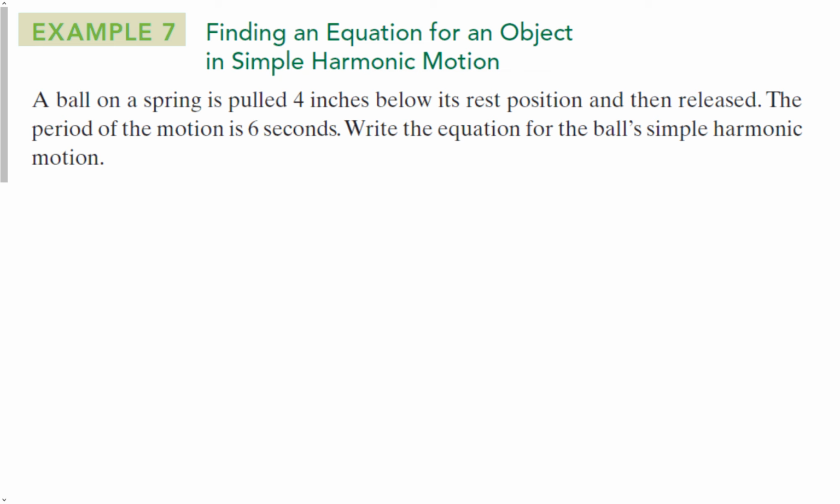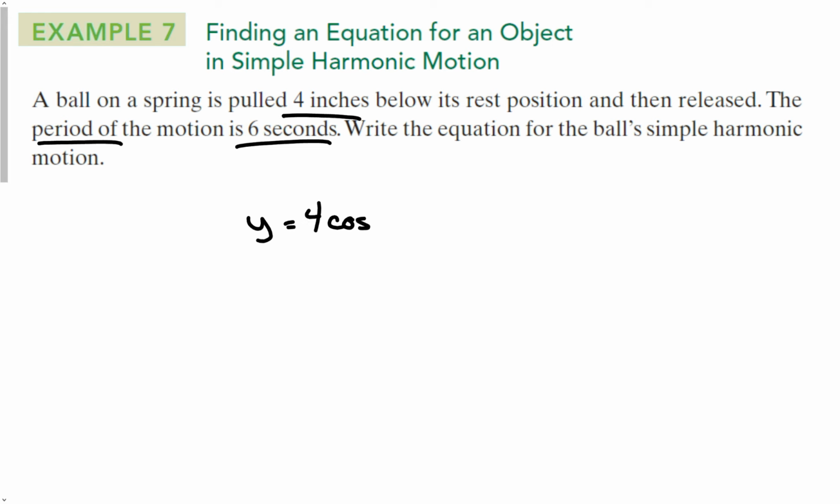All right, so again, a ball on a spring is pulled 4 inches below its rest position and then released. You're starting far from the rest position, so we're going to use cosine. The period is 6 seconds. Write the equation.